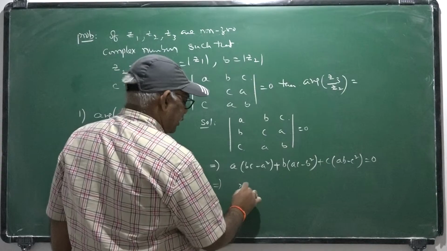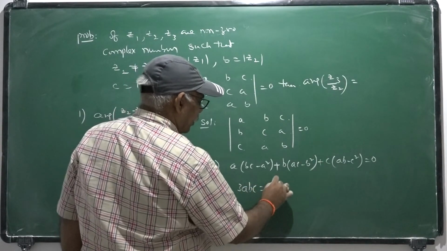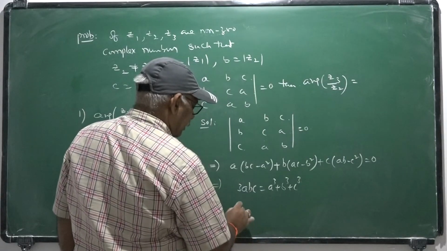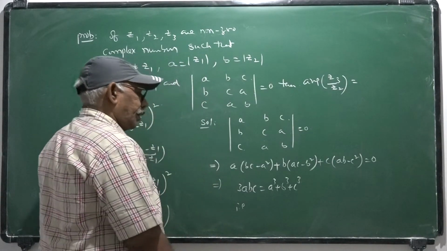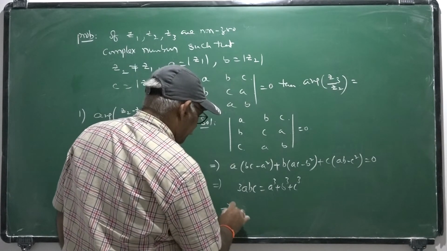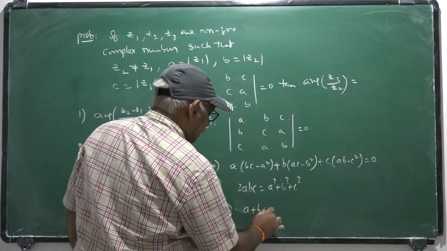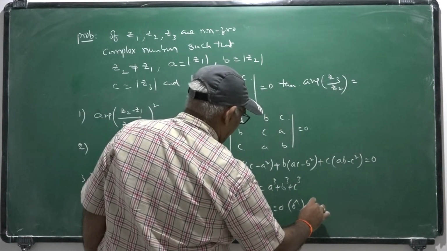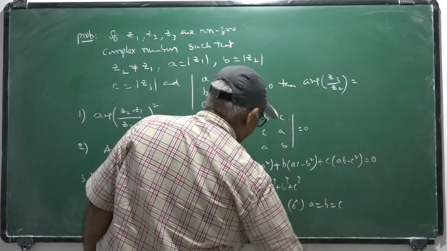That implies 3ABC equals A cube plus B cube plus C cube. So that gives us A plus B plus C equal to 0 or A equal to B equal to C.